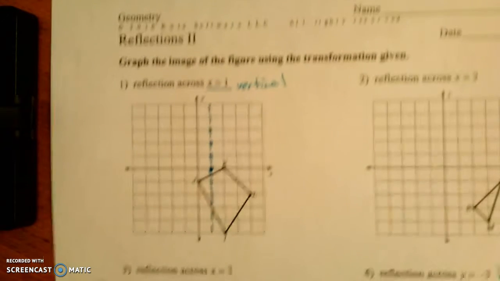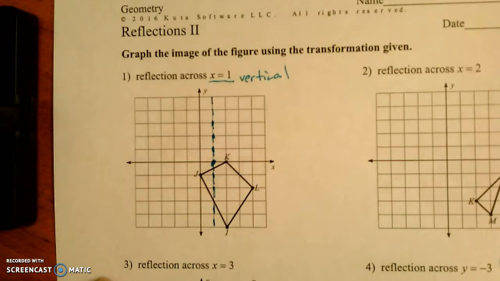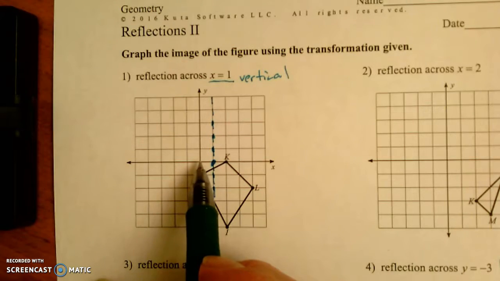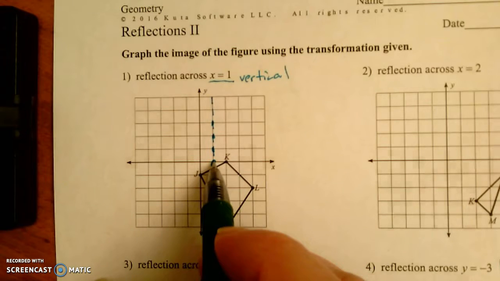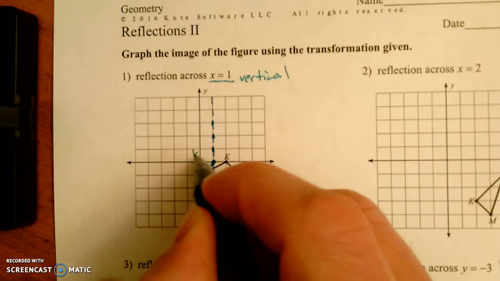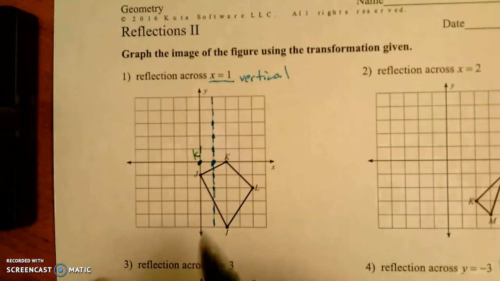To do the reflection, basically just take each point, count how many spaces it is from the line, and then count that far on the other side to find its reflection. So K is one space from the line, so K prime, its reflected image, is one space in the other direction.